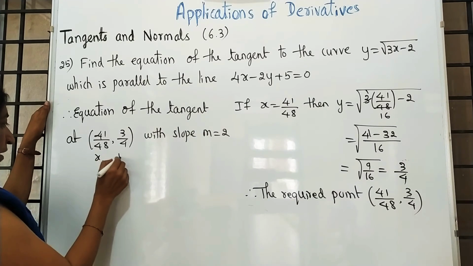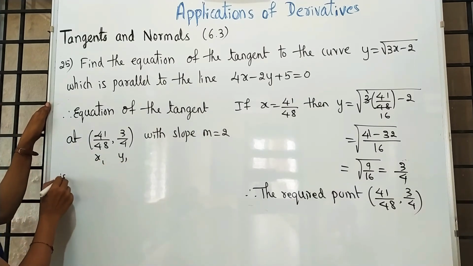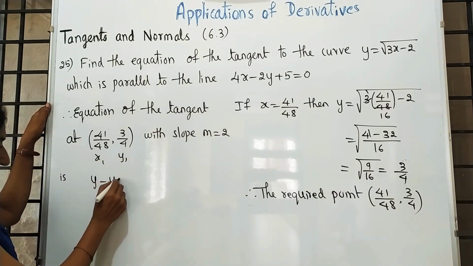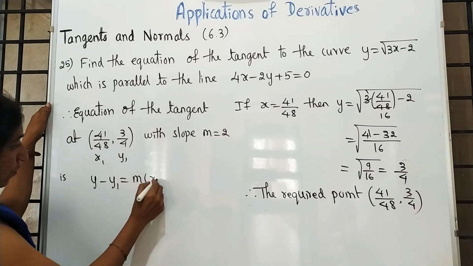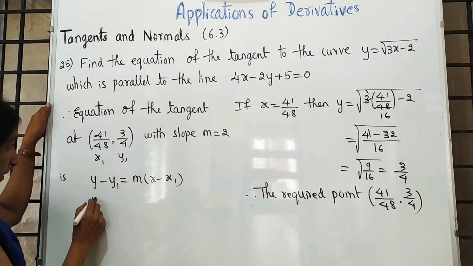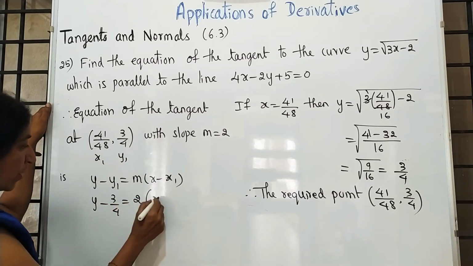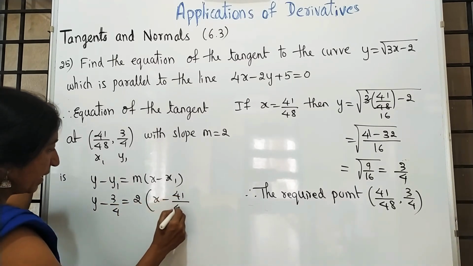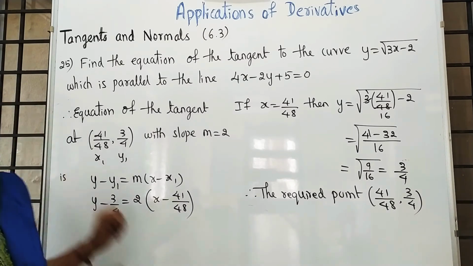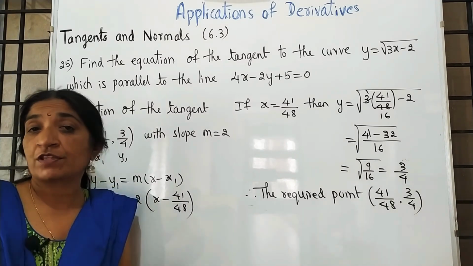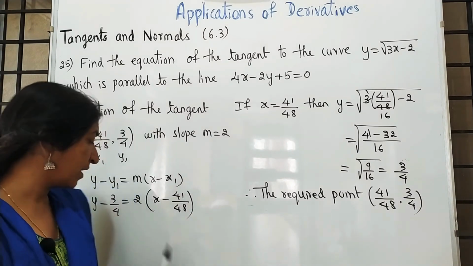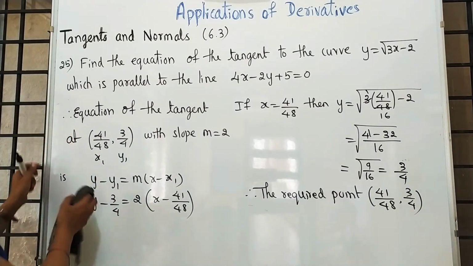This we are taking as x1 y1, y minus y1 is equal to m into x minus x1. Y minus 3 by 4 is equal to 2 into x minus 41 by 48. The remaining calculations I will leave to the students, just remove the bracket, take 2 inside and simplify.